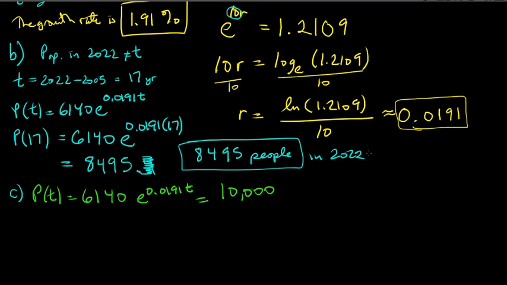Well, we know it's going to be after 2022 because in 2022, we only have 8,500 people or so. So it's going to be a lot longer than 17 years, right? Let's see.